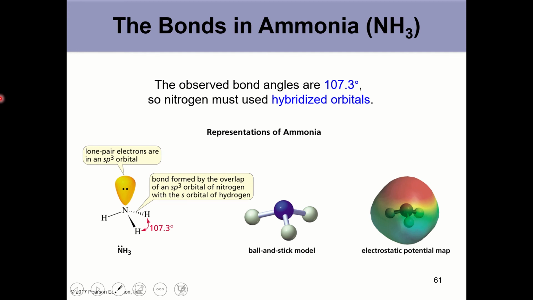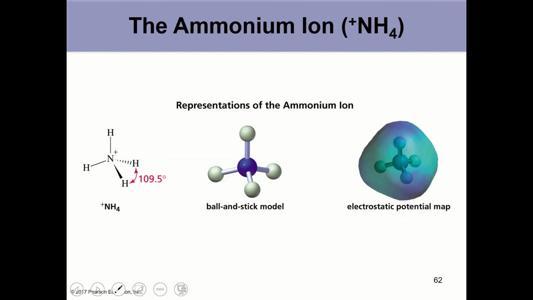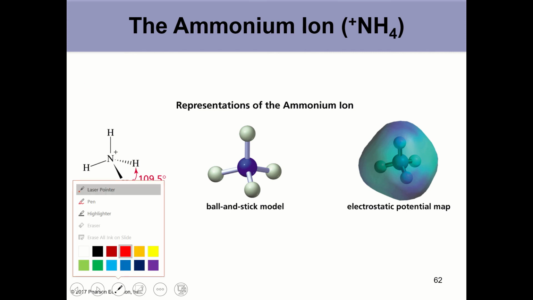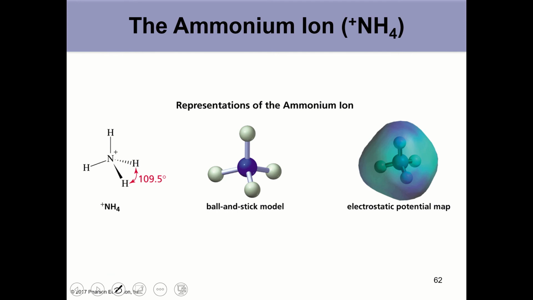Notice the ball and stick formula representing the three-dimensional shape, and then the electrostatic potential map showing the distribution of electrons focused in the lone pair. In the ammonium ion, nitrogen forms 4 bonds and has 4 electron domains because of the 4 bond sites, and it's going to have a positive charge.